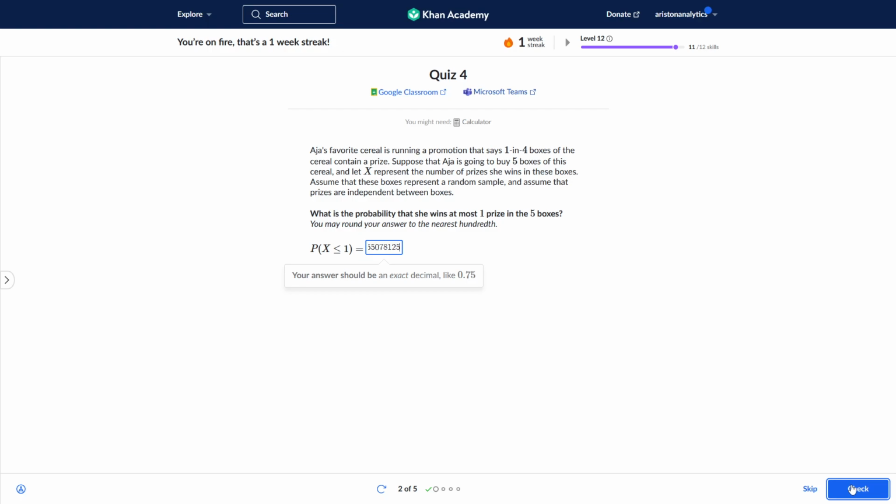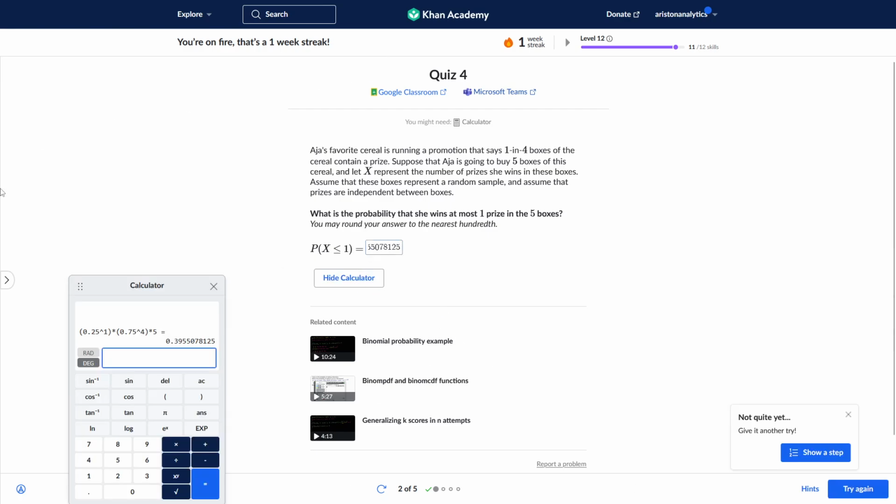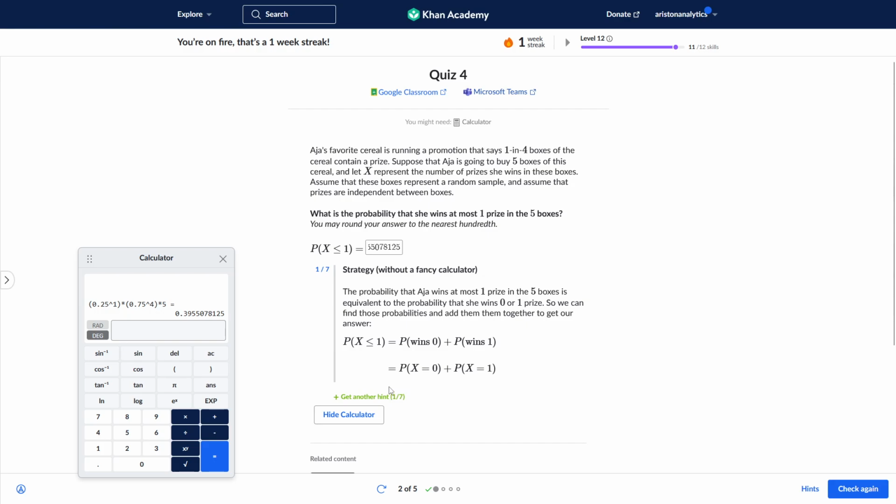Exact decimal. Say 0.4. What did I do wrong? I keep forgetting the 0.